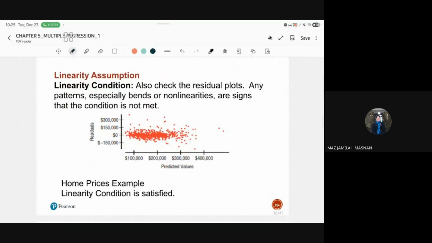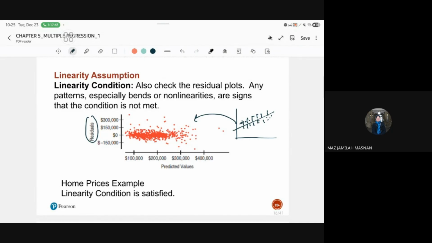Now, for the linearity assumption, we also need to check with the residual. The residual is obtained from your actual data; we are going to measure this error, and this error is the one that is plotted over here.